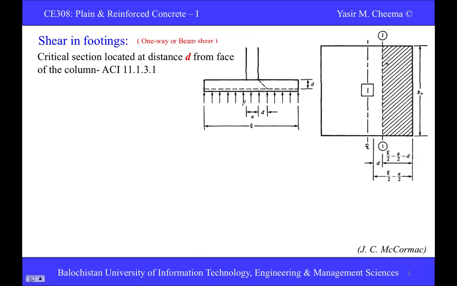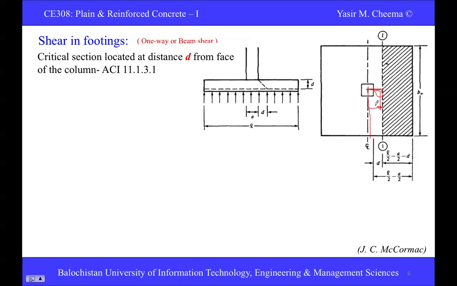I just want you to understand the different dimensions. The column dimension is a, and the total length of the footing is L. From this center line to this distance, it would be D plus a by 2.